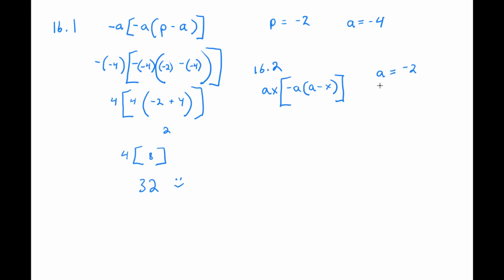And X is equal to -6. So let's sub those in. I'm going to let you guys do this one. So go ahead and pause the video and solve the problem by substituting in these values for those variables, and then press play and see how you did. Okay?